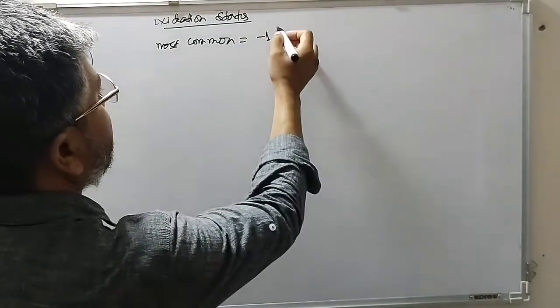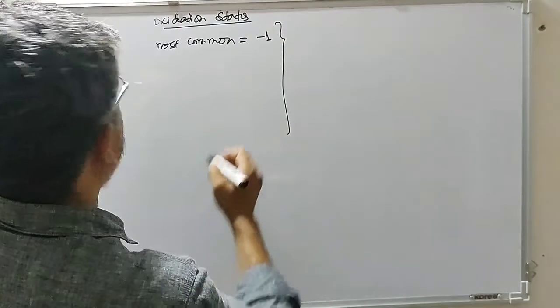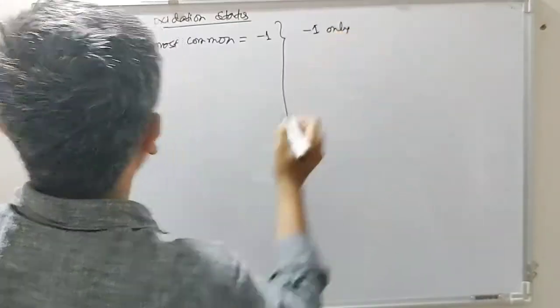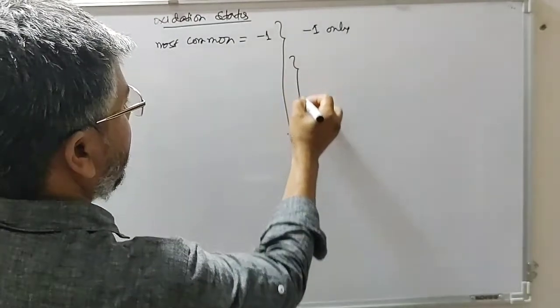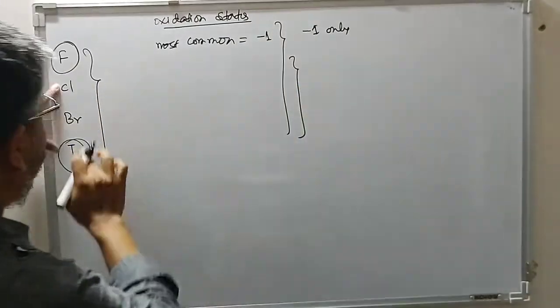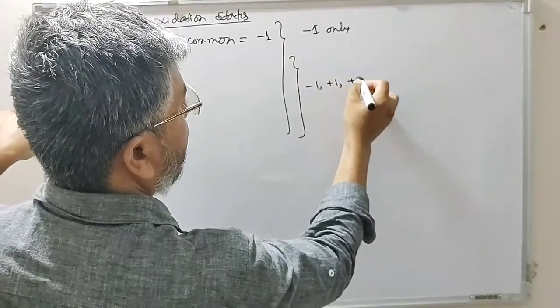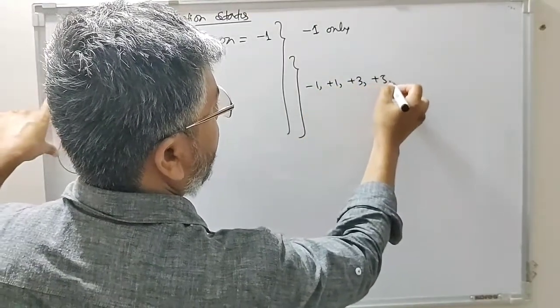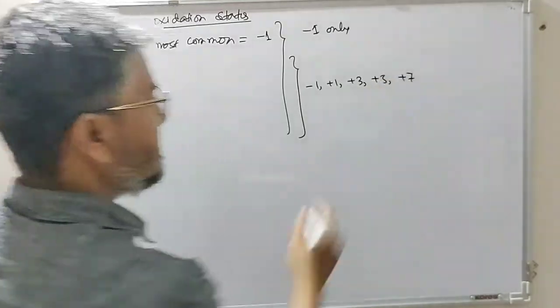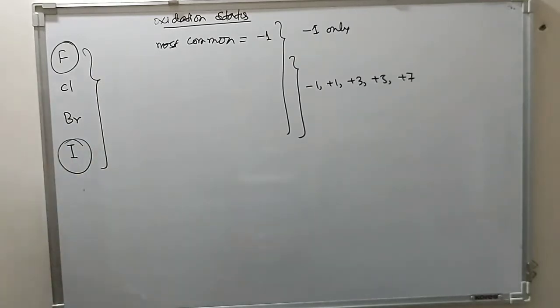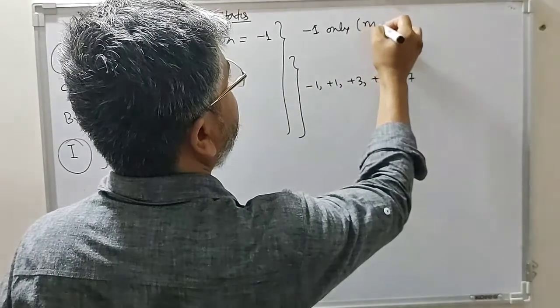Apart from this, look at this. Fluorine shows -1 only, but chlorine, bromine, iodine show -1, +1, +3, +5 and +7. Fluorine shows -1 only because it is the most electronegative.